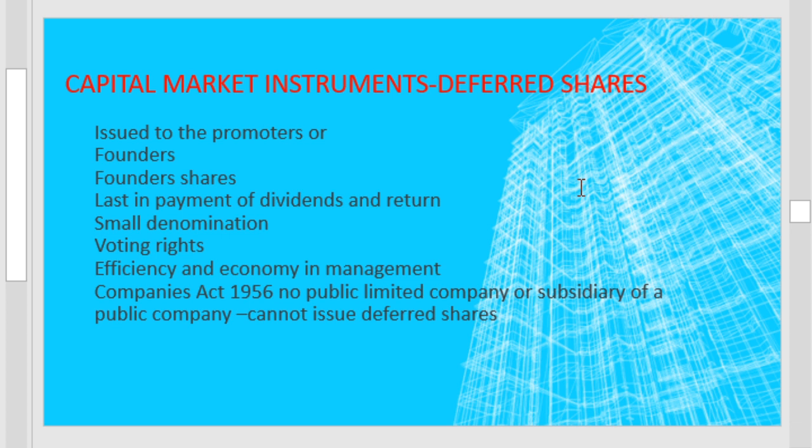Small denominations, they have voting right, and it will increase the efficiency and the economy in management, in the sense that they will get dividends and return after paying dividends and returns to all other shareholders. If there is surplus fund, then only they will get the dividends and the returns. Therefore, these types of shares will enhance efficiency and economy in management.